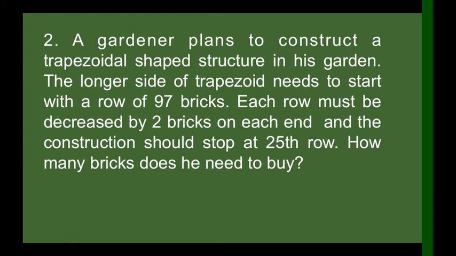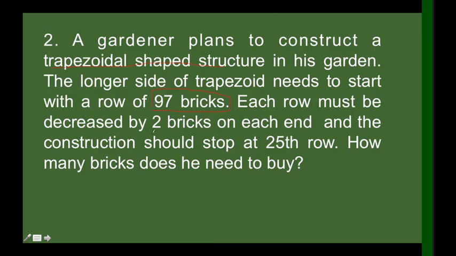So, how many bricks does he need to buy? We're looking for the total bricks he needs to buy. In the first row of our trapezoidal structure, he has 97 bricks.